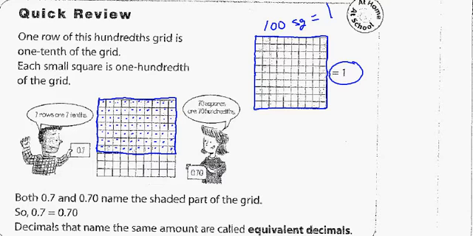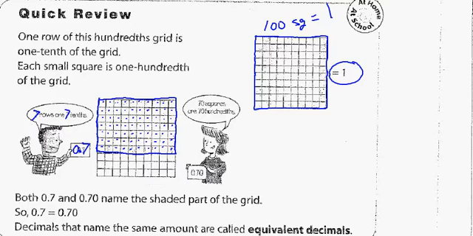Okay, so look over here towards the left side of the picture. There's another grid there, and what they're saying is 7 rows are 7/10, and he's holding up a sign that says 0.7.